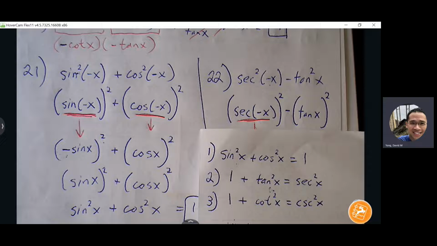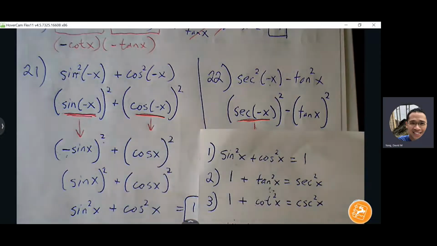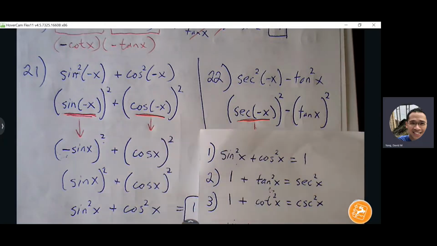Now there's something that we can do with that secant and negative x, right? Secant and negative x, is that even or odd? Even, yeah. Cosine and secant are the only even functions. Those are the ones where the negative disappears. There's 6 trig functions, 2 of them are even, which means that there are 4 that are odd.